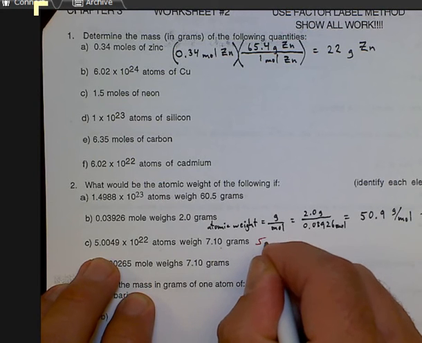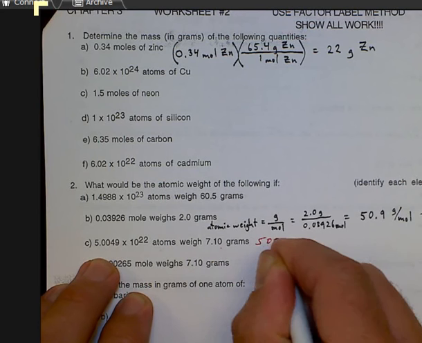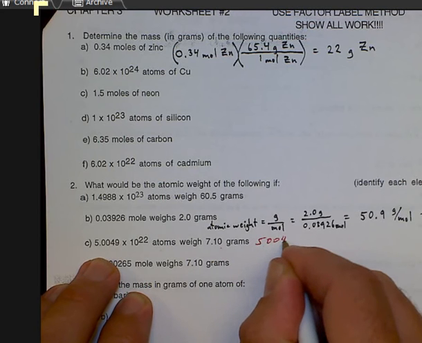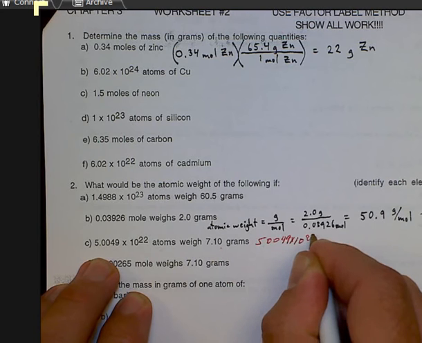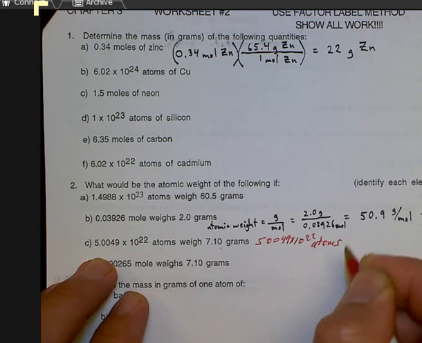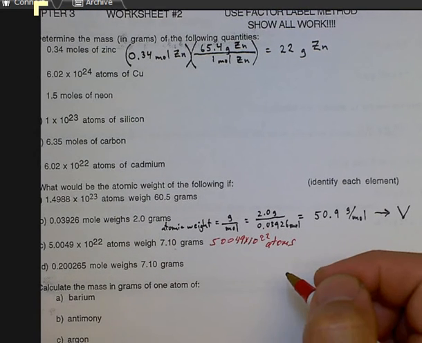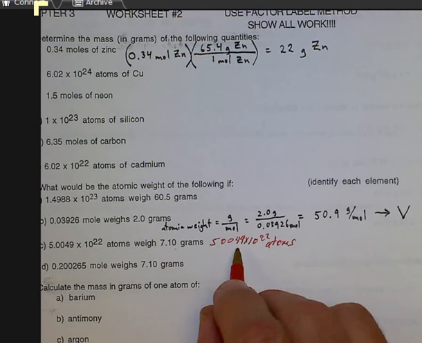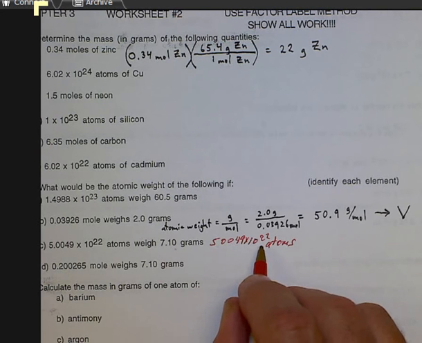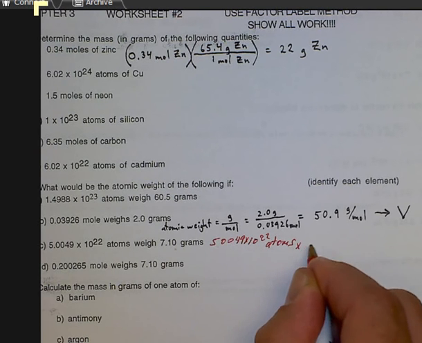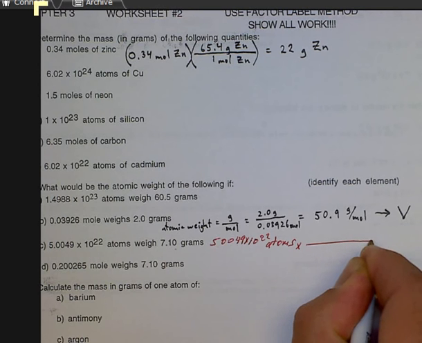We're going to start out by converting the number of atoms that we're given into moles. So I'm just writing down 5.0049 times 10 to the 22nd atoms, and we're going to set up a conversion factor to convert that to moles.